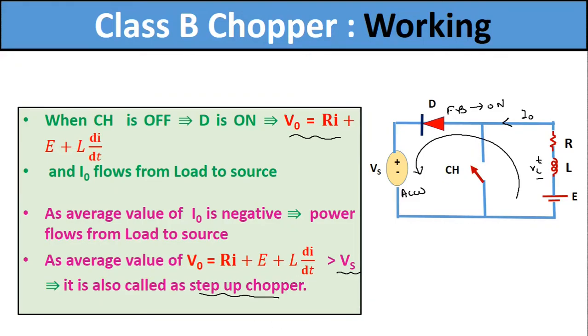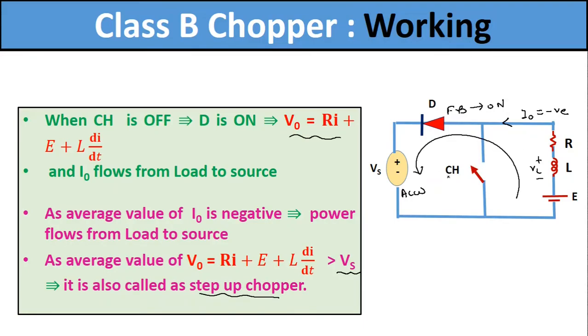Now in the Class A chopper, when the current is flowing from source to load, we have taken the load current to be positive, but now here the load current is flowing from load to source, therefore we will take this load current as negative. So in both the cases, when the chopper switch is on and when the chopper switch is off, the current is flowing in the anti-clockwise direction.